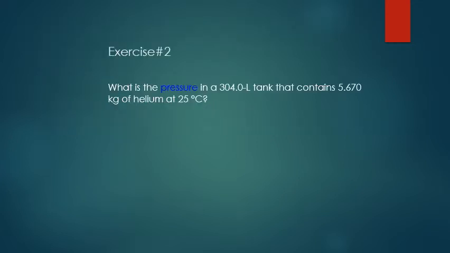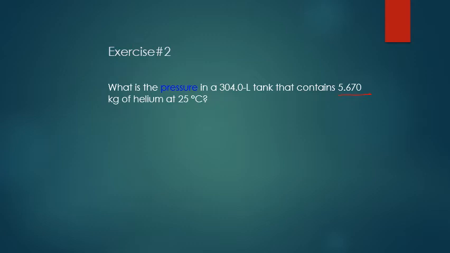Let's look at another example. In this example, it asks what is the pressure in a 304 liter tank that contains 5.67 kilograms of helium at 25 degrees Celsius. So the first thing we need to do is convert our mass into grams.